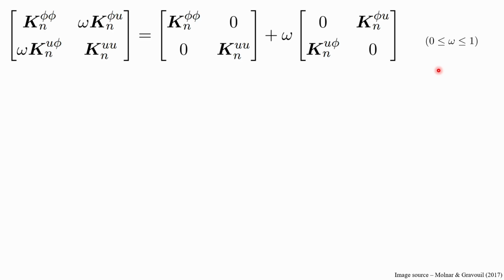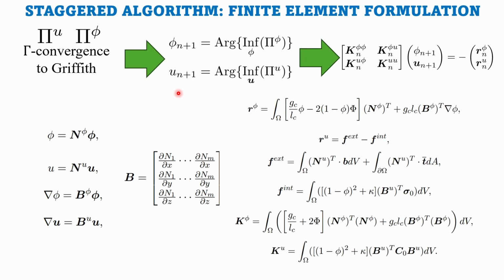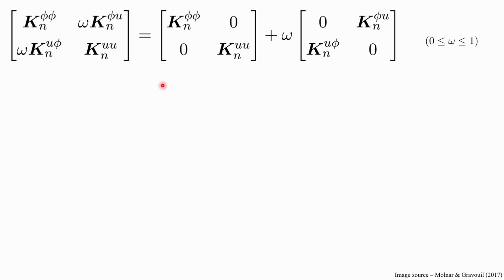So another way of writing this stiffness matrix, which I showed you, this one, the overall stiffness matrix, can be this, where you multiply a constant omega with only the coupled terms. So if you remember, the overall aim of the staggered formulation is to decouple the coupled problem in phase field and displacement, correct?